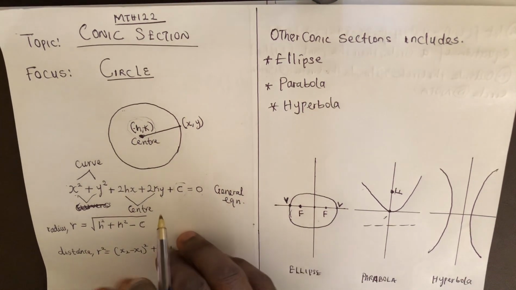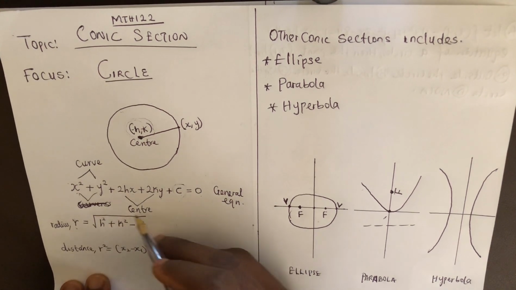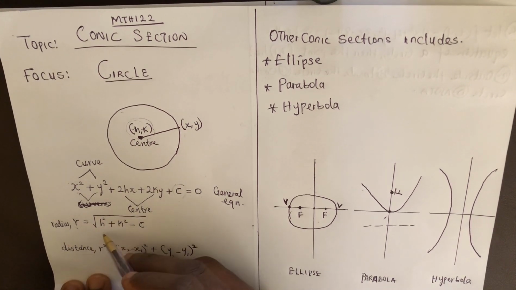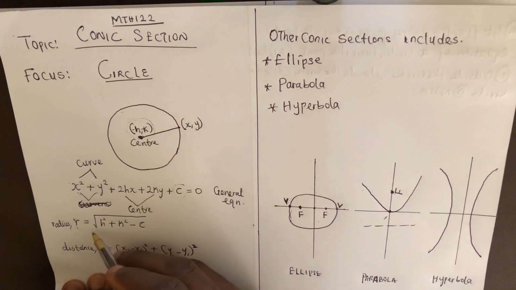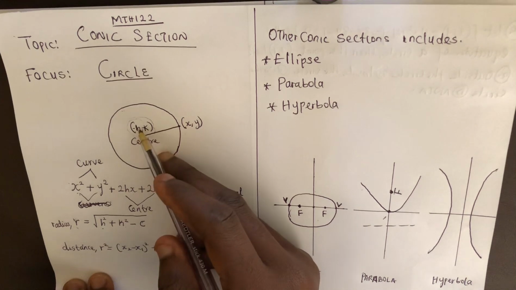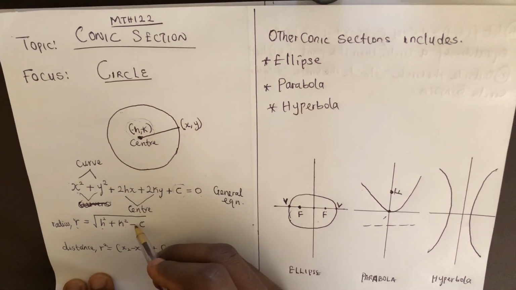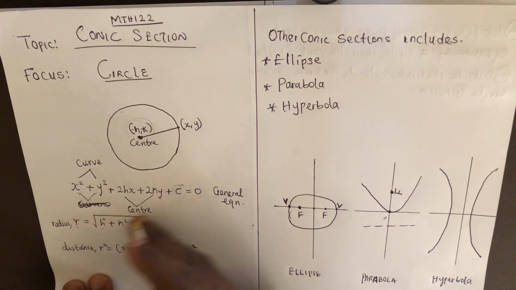Now the next thing is, what about this particular formula? This formula would help you to determine the radius. After you have found the center of the circle, you take the square root of the squares of the center coordinates, and then minus the constant that you have here, then you get your radius.